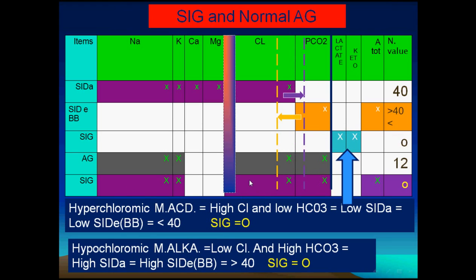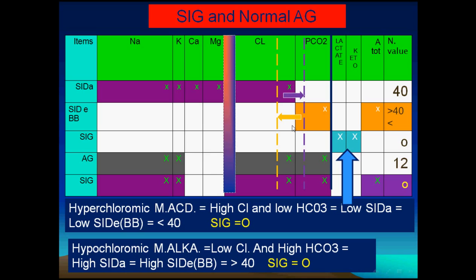This is strong ion gap and the normal anion gap. If there is a patient with normal anion gap, for sure strong ion gap is zero, because in normal anion gap, which we have mentioned before, there is a loss of chloride or bicarbonate through the gastrointestinal tract or the kidney, and the loss of one of them will be compensated by increasing the other.